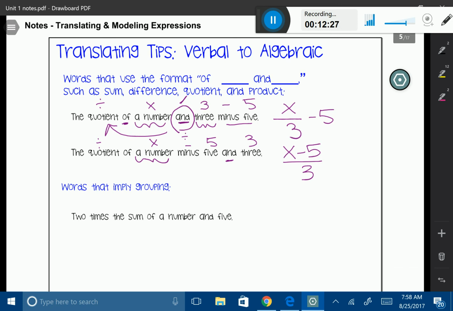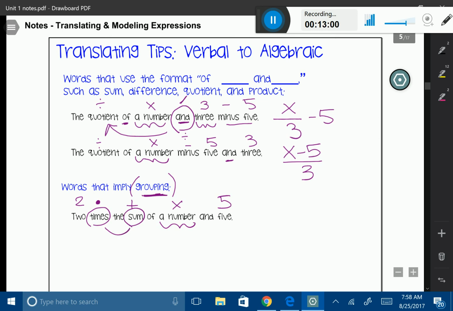Another tricky area is words that imply grouping. Sometimes whenever you're asked to use parentheses, which is how we represent grouping, you'll see two words that are used for identifying adding, subtracting, multiplying, or dividing. For example, 2 times the sum of a number and 5. Do you notice how I have times and sum right next to each other?